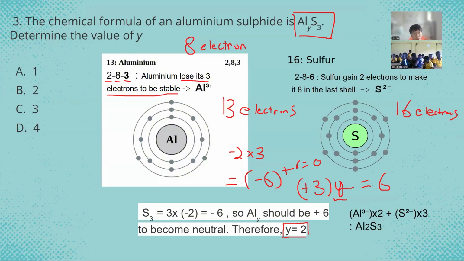If there are 2 aluminum ions, what will be the charge? 2 times 3 equals positive 6. There will be positive 6 for aluminum. But we know that there are three sulfide ions.